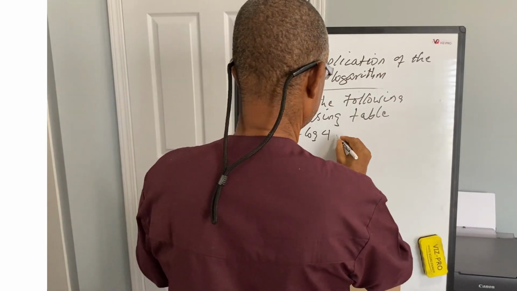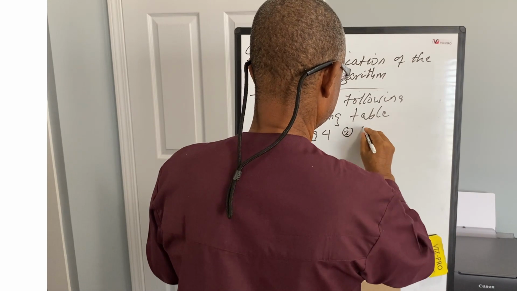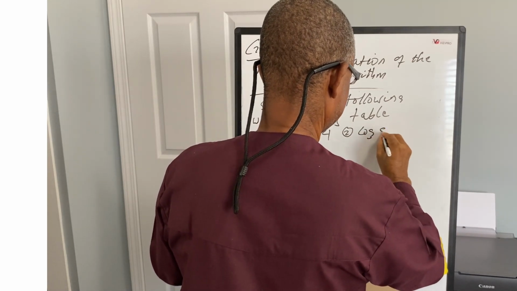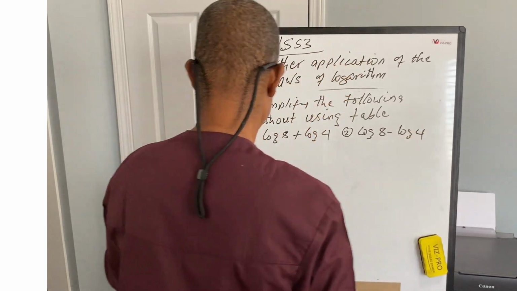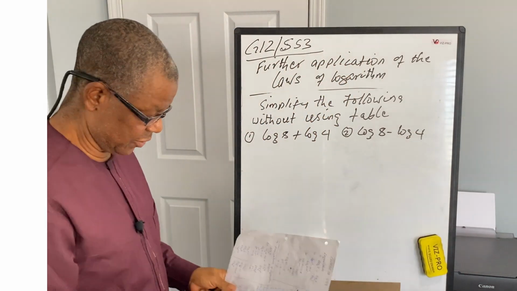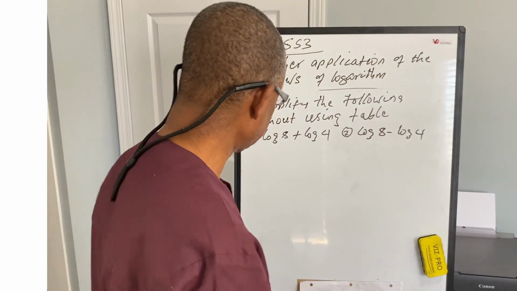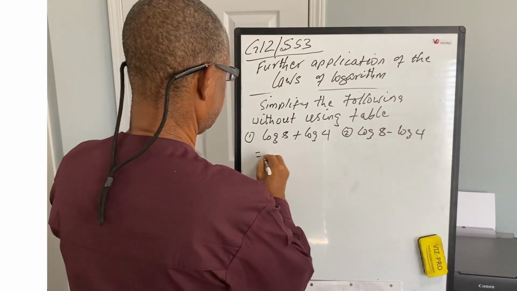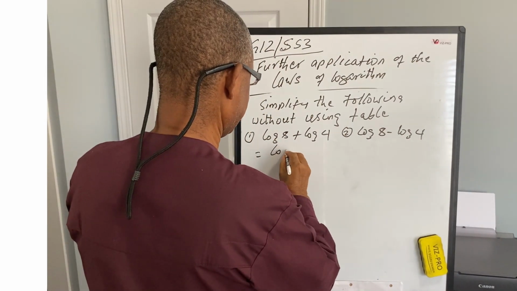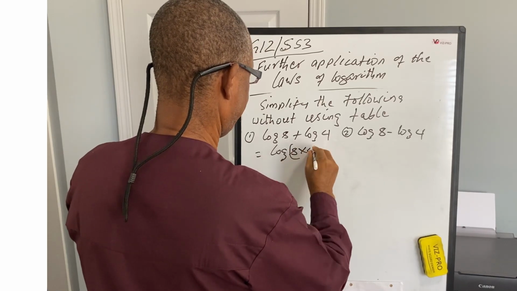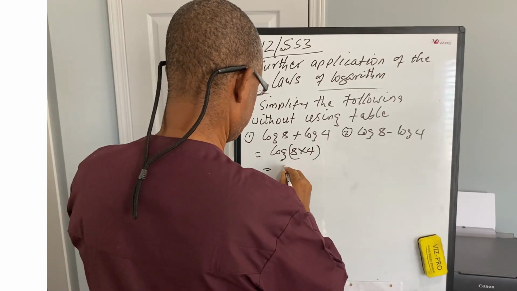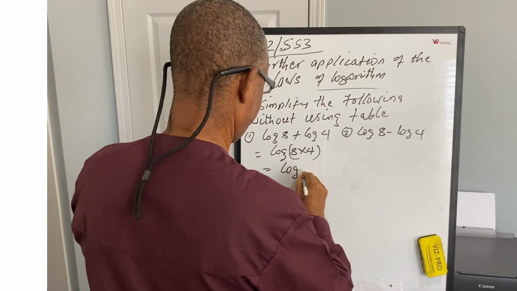Number 2, log 8 minus log 4. Okay, that is 1 and 2. This is log 8 times 4. That will give us log 32.